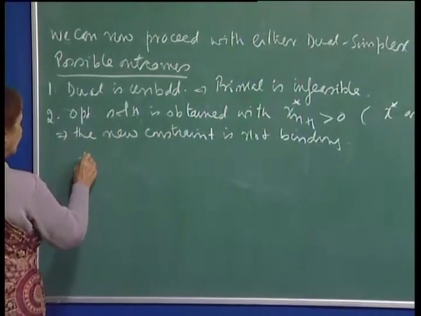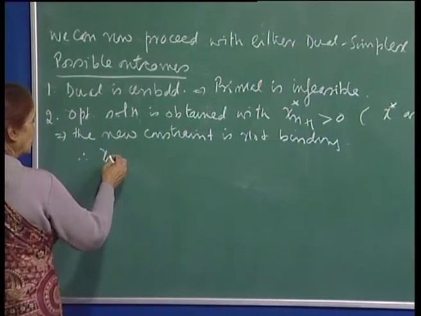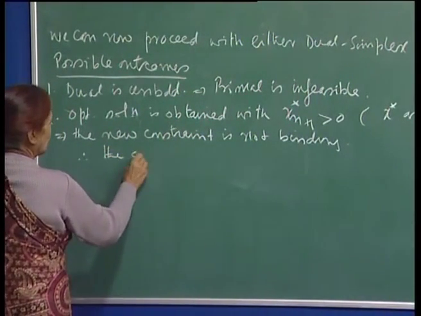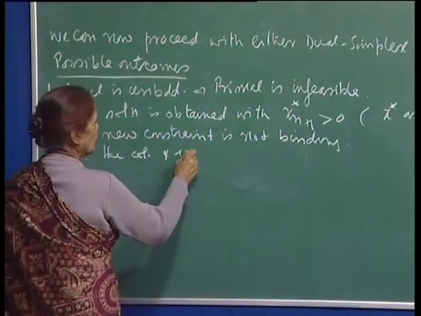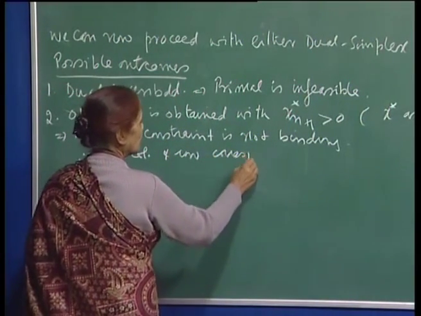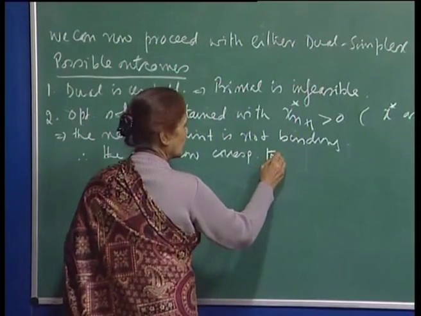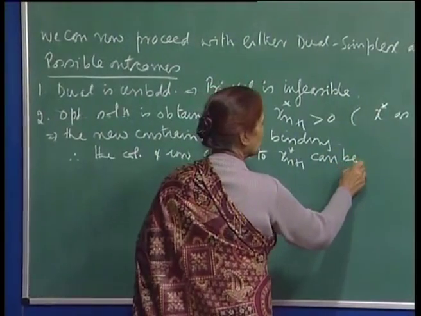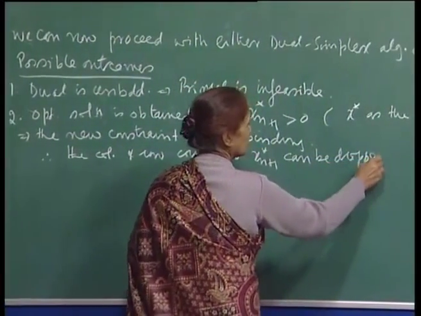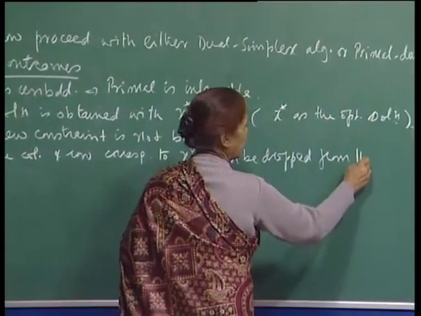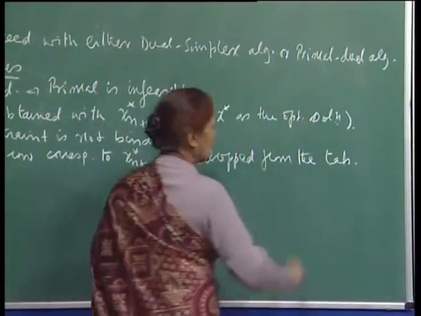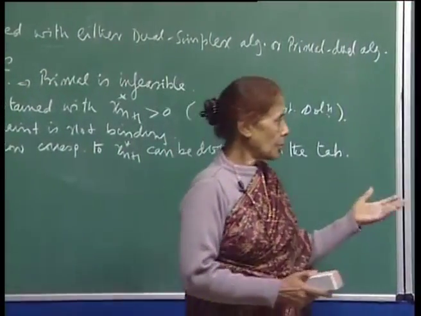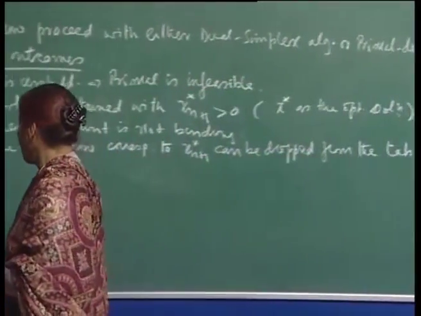Therefore, the column and row corresponding to x_{n+1}* can be dropped from the tableau. Okay. And whatever you have is your tableau corresponding to the original problem, and so you have an optimal solution for the original problem, right.